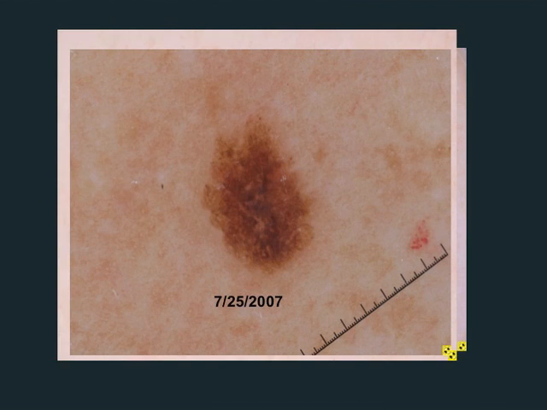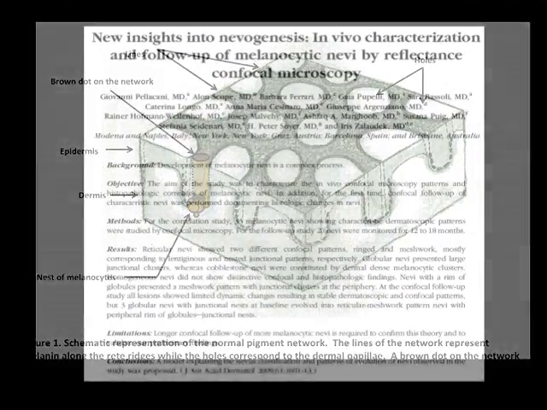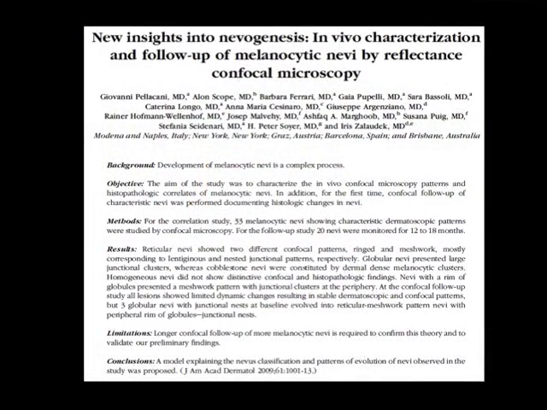So horizontal growth, these peripheral globules represent that. And what is actually happening is that these peripheral globules represent junctional nests of cells at the tips of the rete ridges. And when we followed these over time, and we actually did that in a study with confocal microscopy, what we found was that basically the globule migrates across the rete ridge.